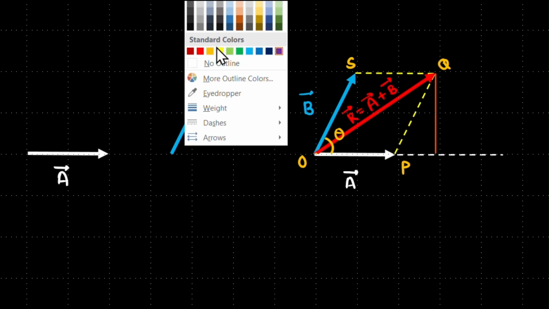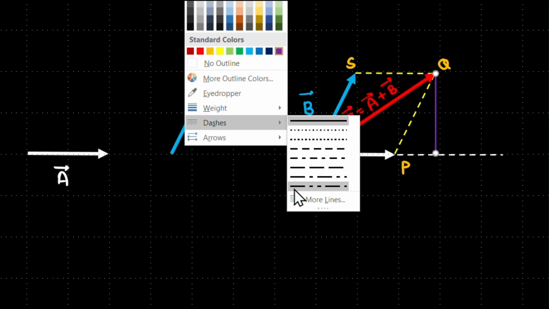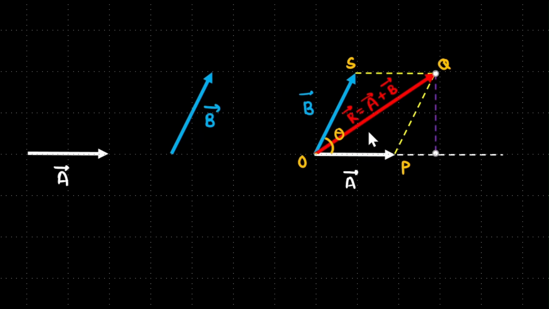Let's make this another color, no reason, just because I wanted to. So this is the perpendicular that is dropped, and this point is N, since you're dropping the perpendicular at N from Q.